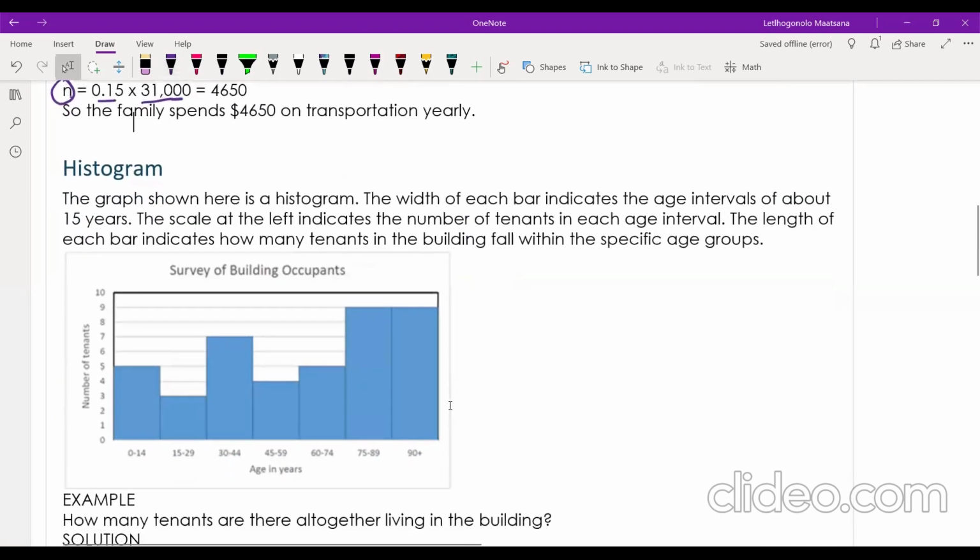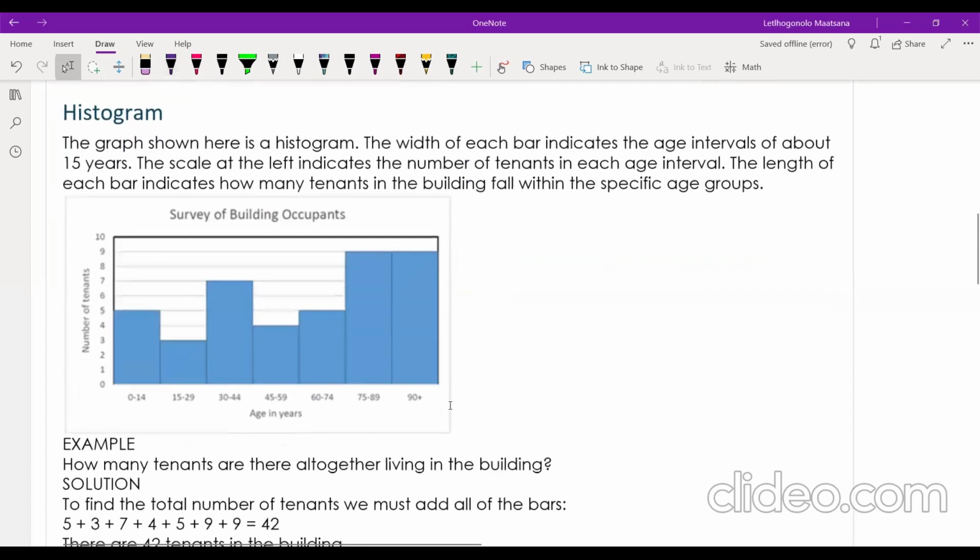The next type of graph we have is a histogram. In the histogram graph here, we see that the width of our intervals is about 15 years. We can see this is from 0 to 14, then from 15 to 29, from 30 to 44.